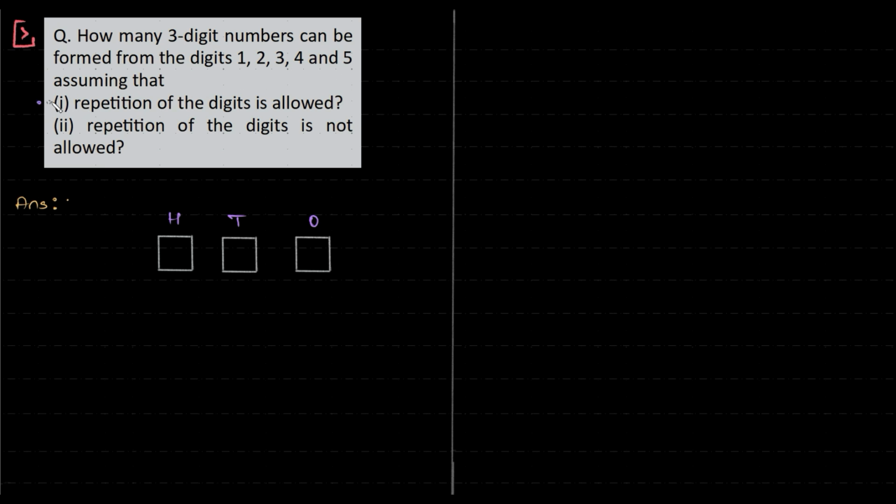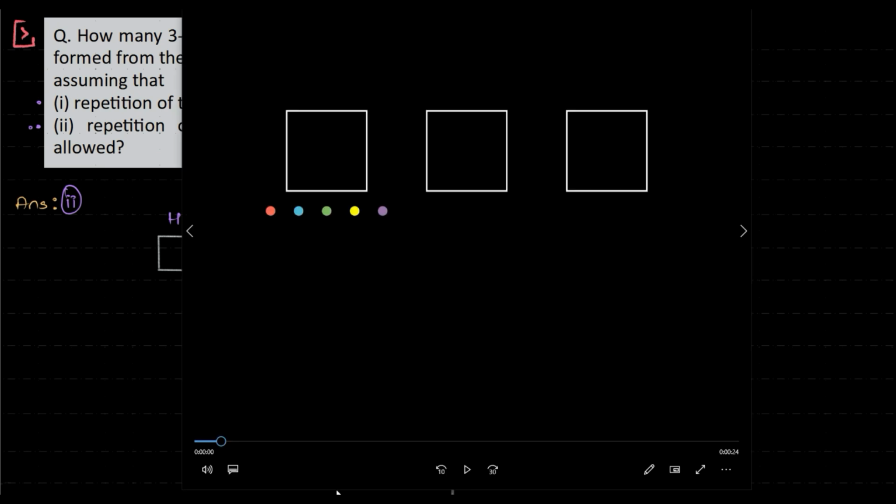In one case repetition is allowed, and in another case no repetition is allowed. I will start off with the non-repetitive scenario. What does it mean? Let me explain it with this animation. I have 3 boxes, similar to what we are looking at over here: hundreds, tens and ones place. You can think of this as people, objects, numbers, alphabets, anything.